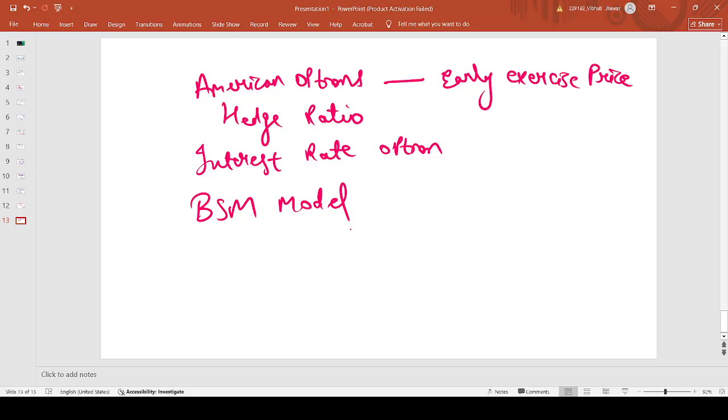And various versions of it for options on dividend paying stocks. Then there is the BSM model on options on currencies.